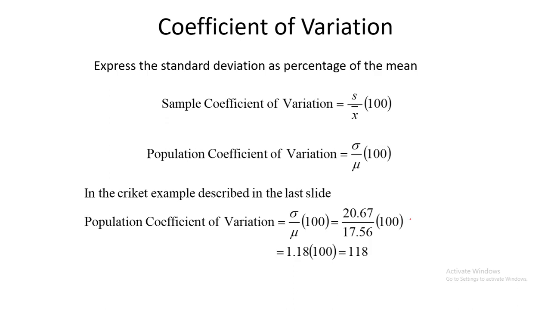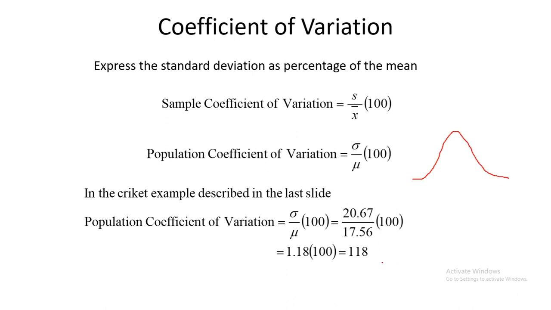If it is less than 100, it tells you that the standard deviation is less than the mean. So it means the spread is not that much. If it is less than 100, your data maybe has this type of shape.